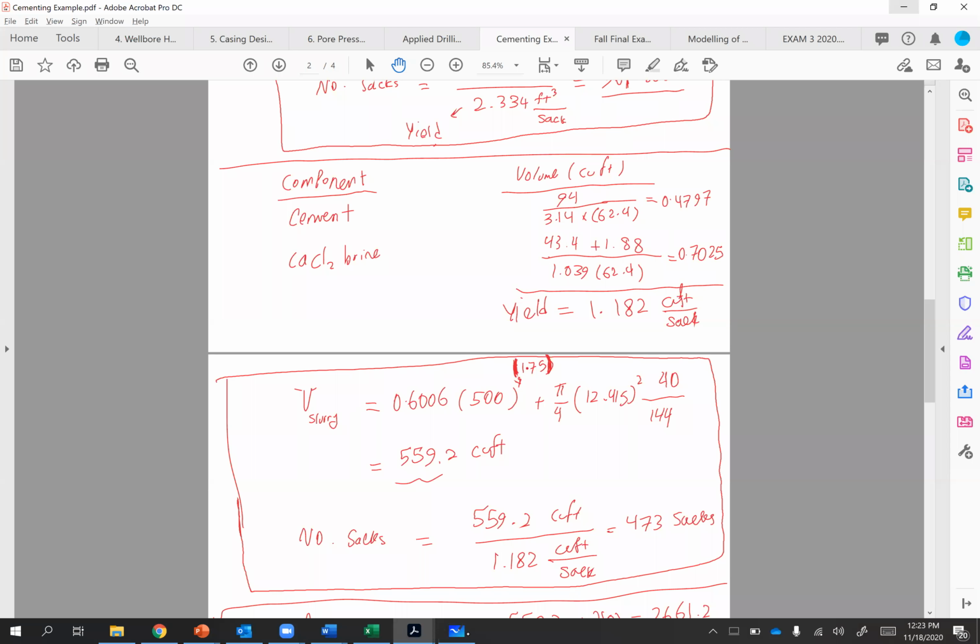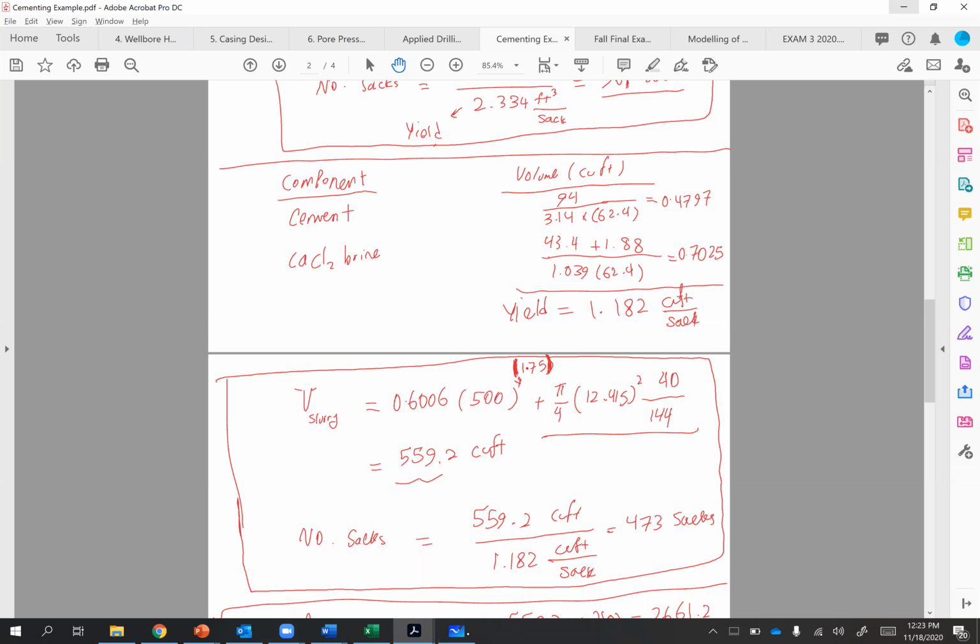The area that you will lose is basically in the annulus, which is in direct contact with your formation. Okay, so this part, this 40 feet, is not in direct contact with the formation, so there is not any loss here. So you would not multiply your excess factor to this 40 feet.